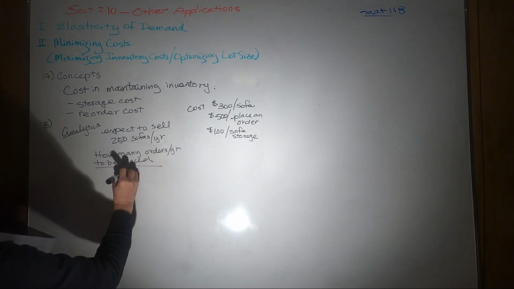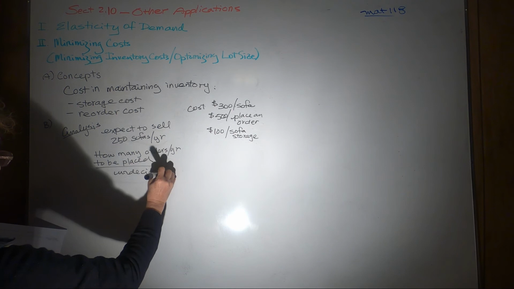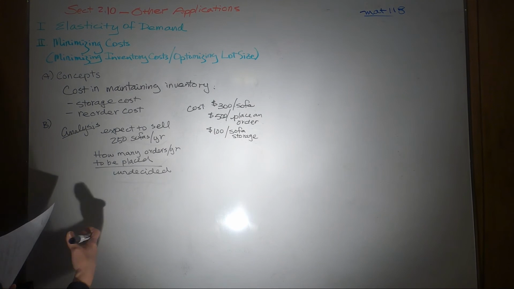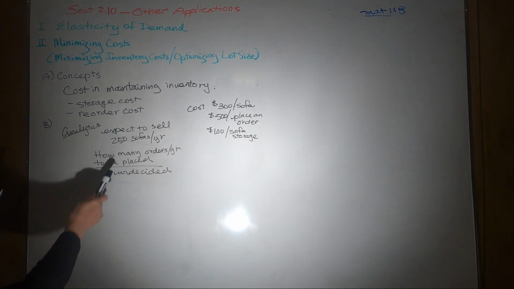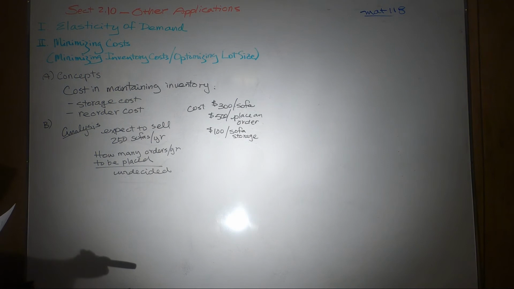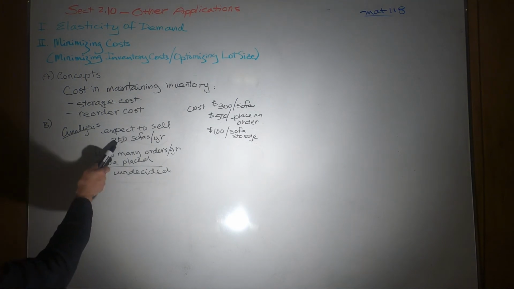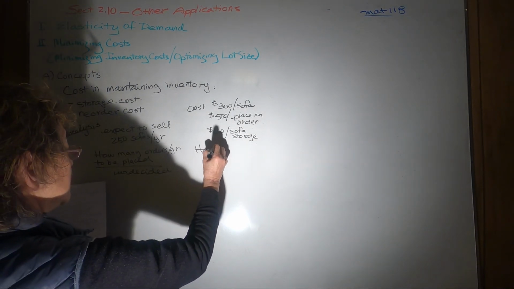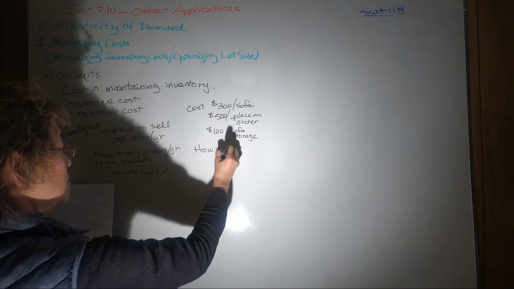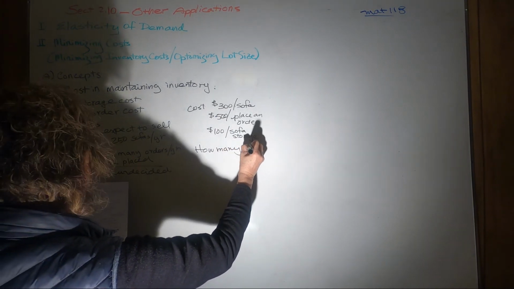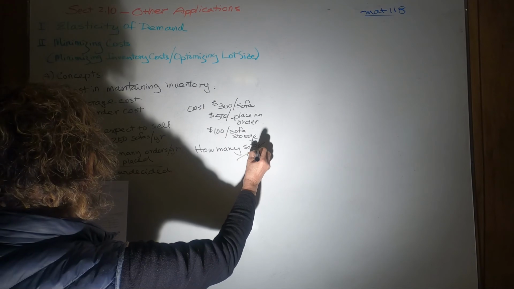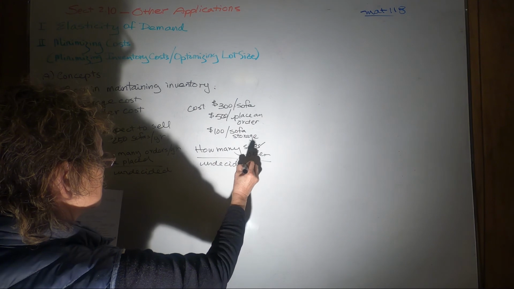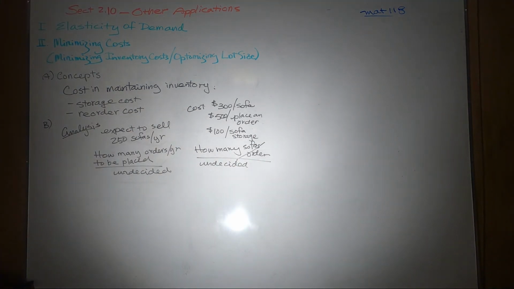So this one is undecided. You haven't decided yet. Okay? Then once you decide, if I want to order 5 times, then you know each time you will order 50, right? If you want to order 1 time, then you will order 250. So same thing, they are related to each other. How many sofas per order? Those are undecided as well, right?